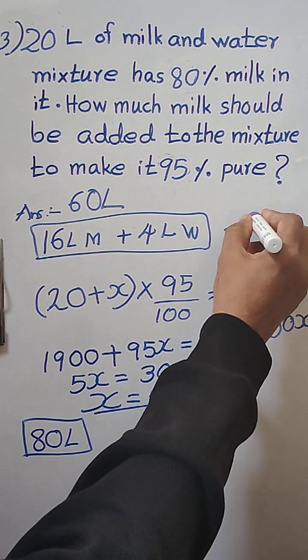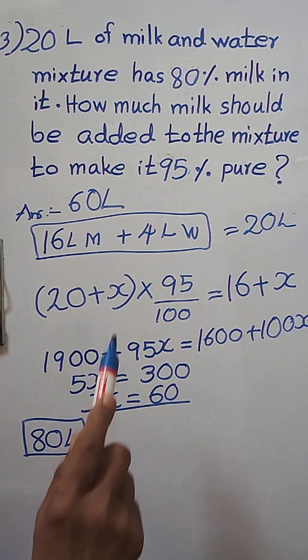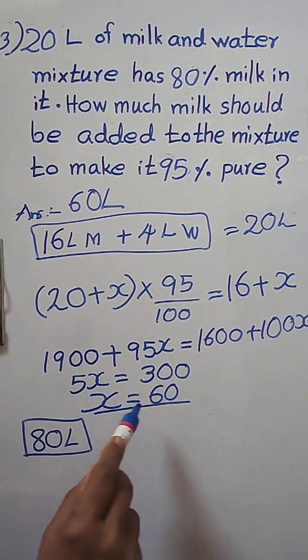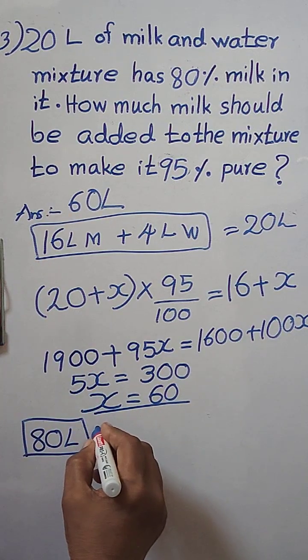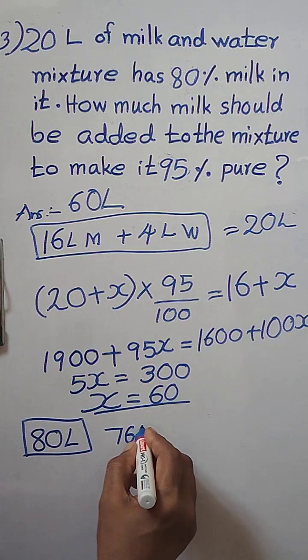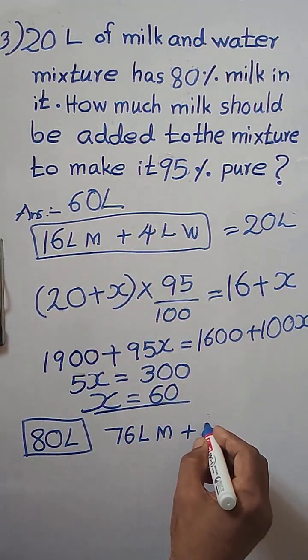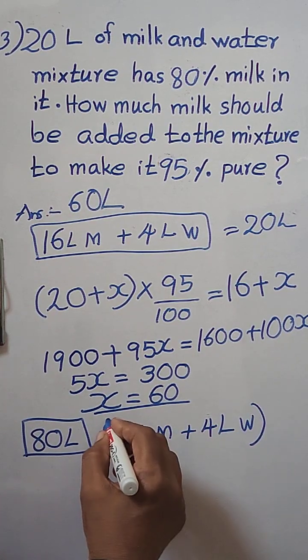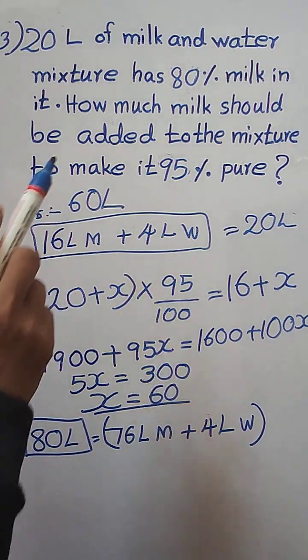In 80 liter, the milk is 16 originally plus 60, that is 76 liter milk, and 4 liter is 4 liter itself, 4 liter water. So this is the answer.